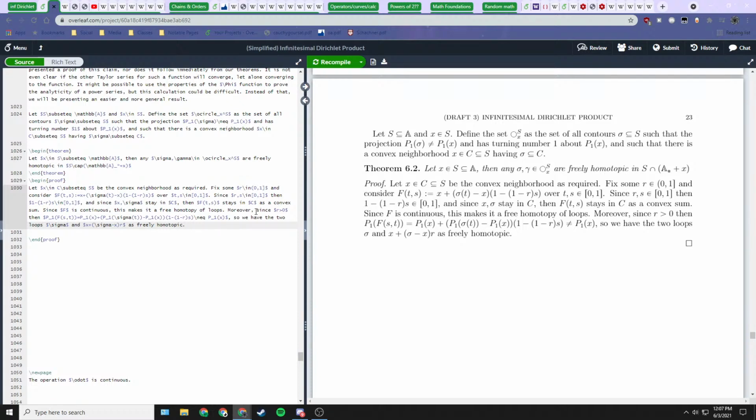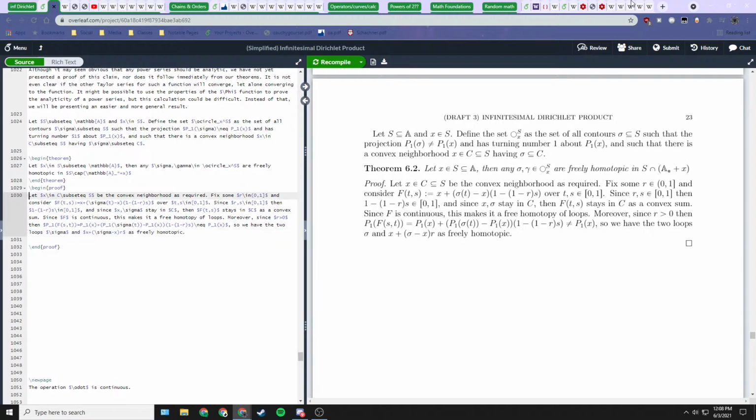Okay, so x is in C subset S, convex, fix some R in 0, 1, do continuous contraction, and so on. F is continuous, makes a homotopy of loops since R is greater than 0, and so on and so forth. We have the two loops, this and that, are freely homotopic. Okay, so this is sigma and gamma.